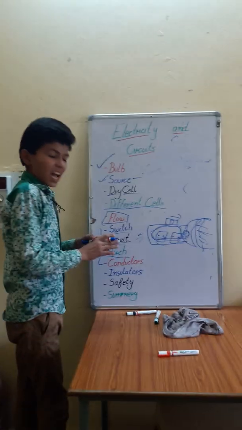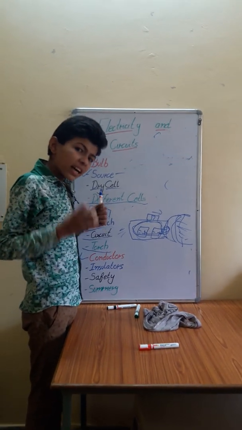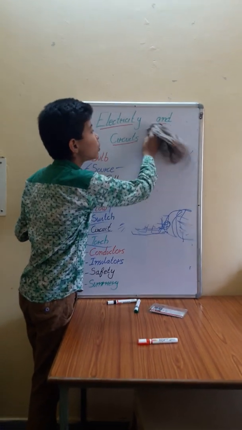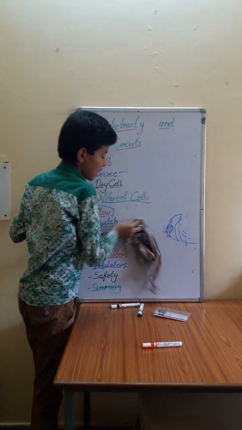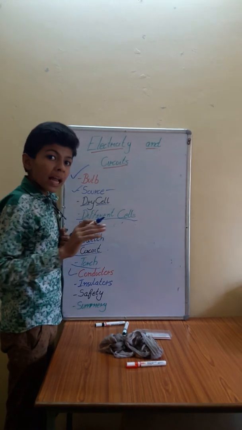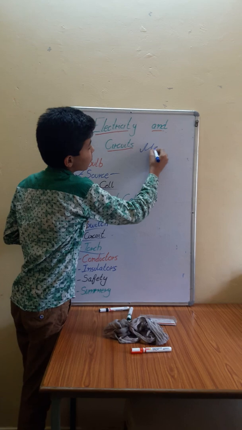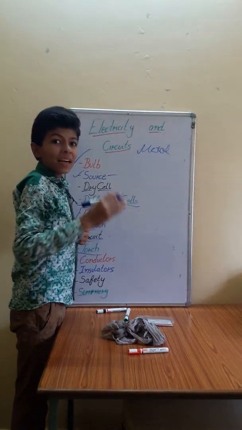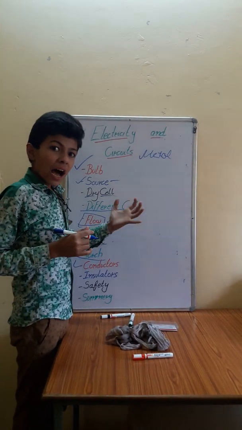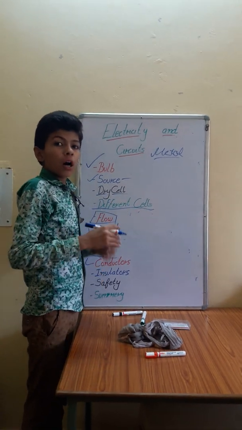Now we have conductors. I have used the word conductor again and again in this video. So what is a conductor? A conductor is a material that lets electricity pass through it. Examples are metals, like zinc and copper.